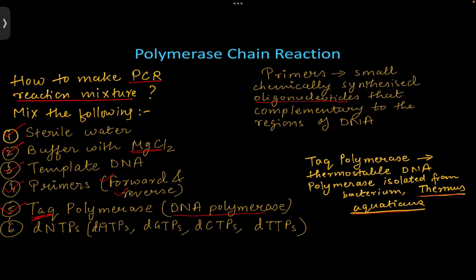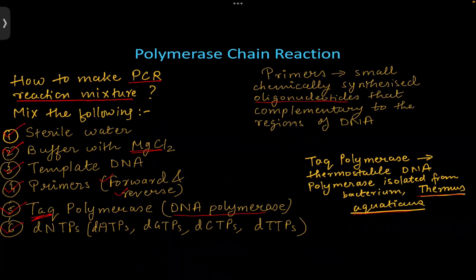A speciality of this DNA polymerase is that it can show activity at a very high temperature, close to 100 degrees Celsius, without undergoing any degradation itself. Because enzymes, since they are proteins, are very susceptible to degradation, especially thermal degradation. So by using Taq polymerase, people have been able to overcome this problem, as it will not degrade at very high temperature. Why high temperatures are used in PCR, I'll come to a bit later.